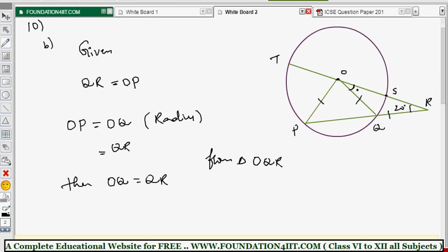So this also is 20 degrees. QOR is 20 degrees because sides are equal, then their opposite angles are equal because this is an isosceles triangle. So the isosceles triangle rule you can apply.